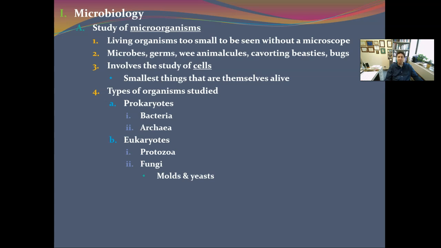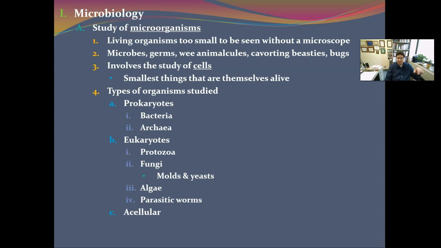Fungi also include mushrooms, but mushrooms wouldn't really be considered microorganisms, but molds and yeasts are. Algae are eukaryotic organisms, many of which are microscopic. And parasitic worms. We won't touch on them too much in here, but parasitic worms are considered part of microbiology.